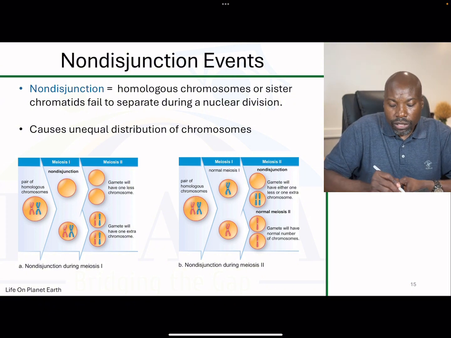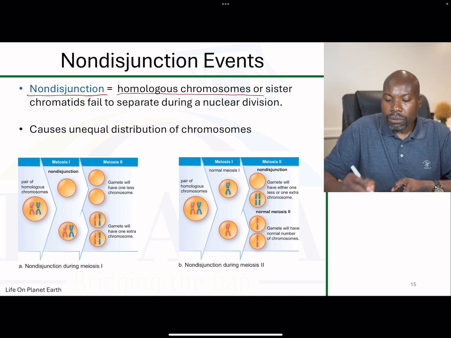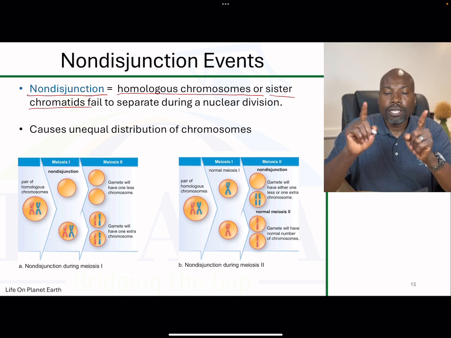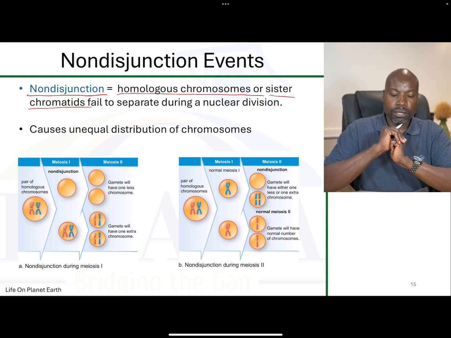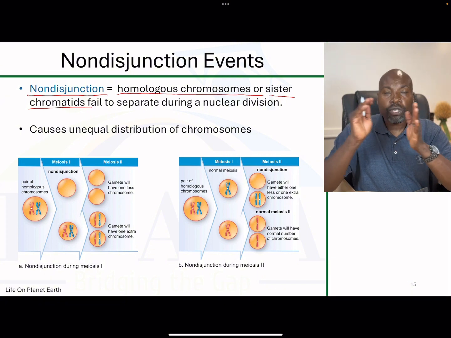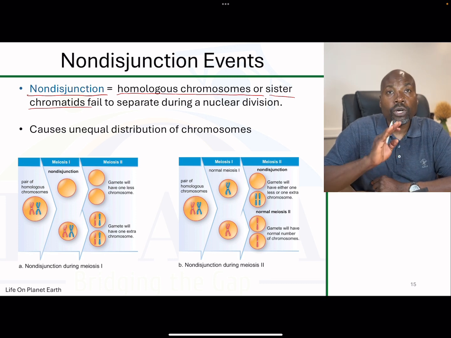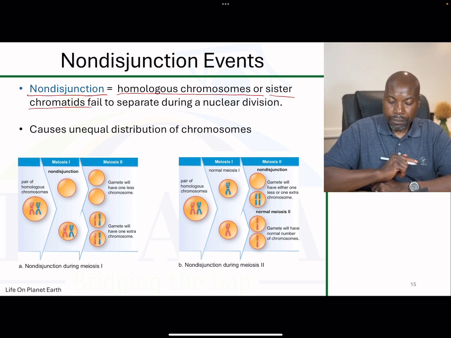So non-disjunction is basically when homologous chromosomes or sister chromatids fail to separate during the nuclear division. This causes unequal distribution of the chromosomes. Let's take a look at non-disjunction occurring in meiosis 1.